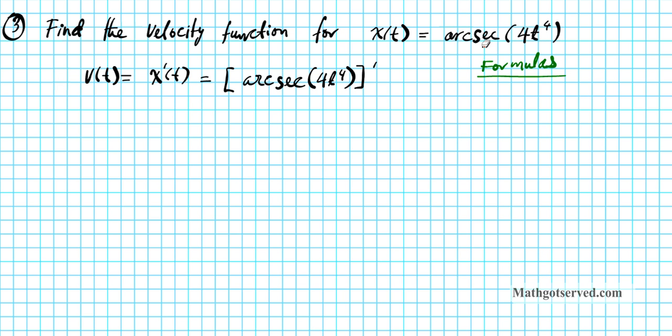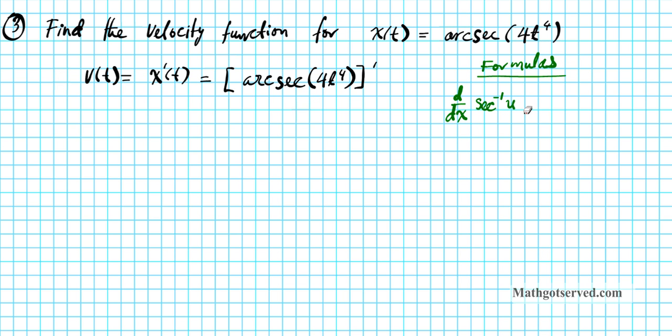The outermost function is the arcsecant function, and it is also a composite function, so we have to use the chain rule for that. We're going to use the formula: d dx of arcsecant of u, also written as secant to the negative 1 of u, because the input of the arcsecant function is a function.